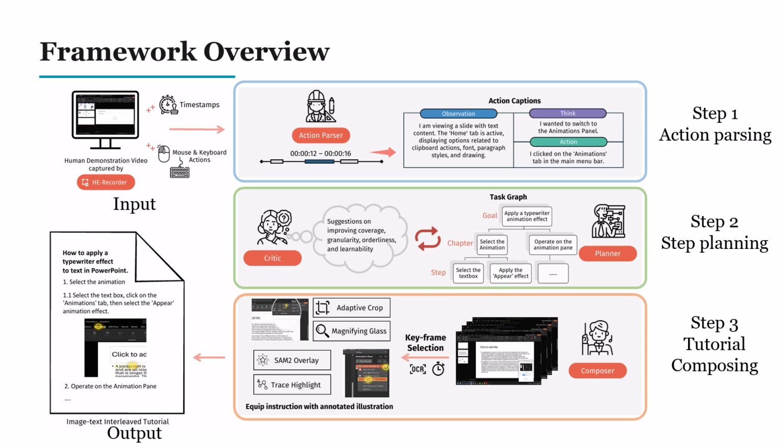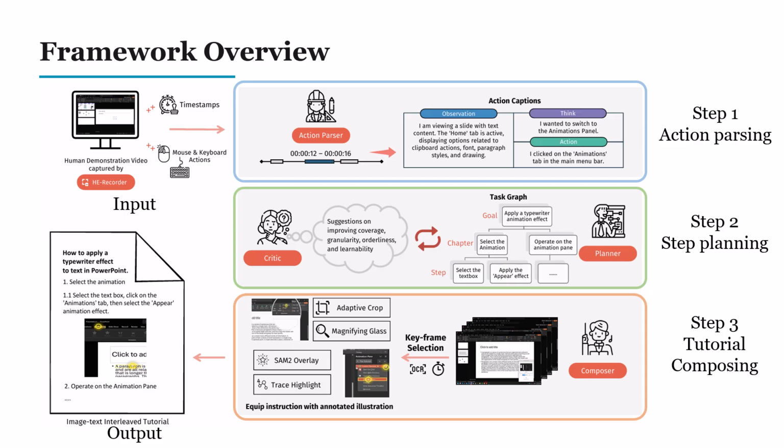The overall framework has four major components. First, the human experience recorder captures the input: screen video, low-level actions, and time steps. Second, the action parser uses those synchronized streams to reconstruct what the user observed, what action was taken, and what the likely intent was. Third, the step planner abstracts the flat action sequence into a hierarchical task graph.